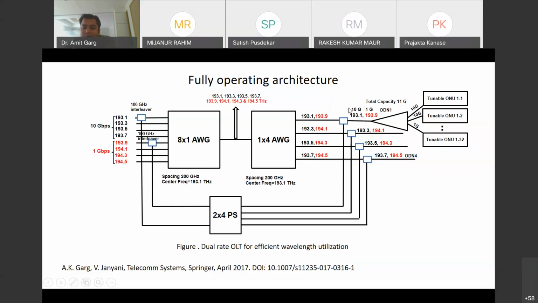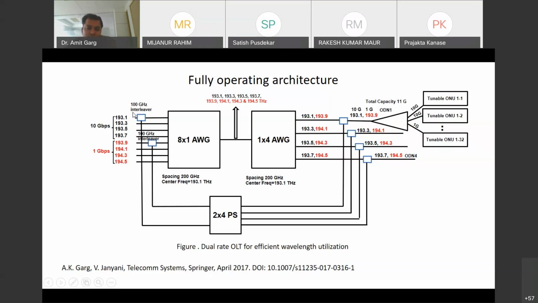And similarly, if initially this 193.1 is working in some instant of time, this is failed, then we can continue the services on 193.9. Definitely we will not be able to fulfill the bandwidth demand, that is 10 Gbps, but at least we can provide the services. There we can reduce the service disruption until the recovery of this transmitter. Okay, so this is the one feature.